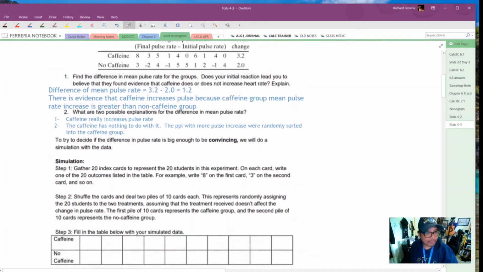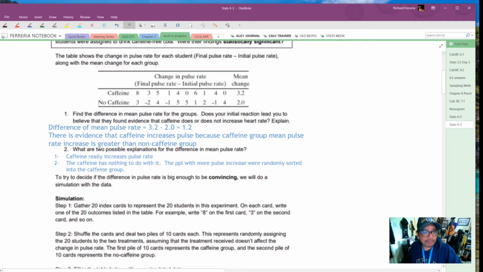So try to decide if that difference in pulse rate is big enough to be convincing. That's not really a lot of pulse rate increase, 1.2. So we're going to try to decide, is that big enough?